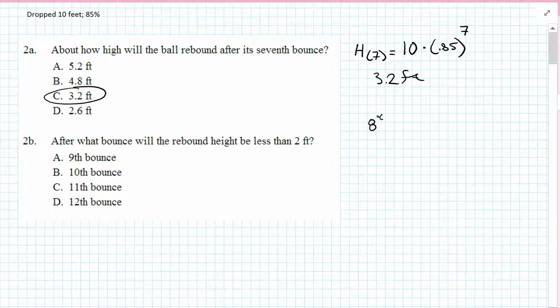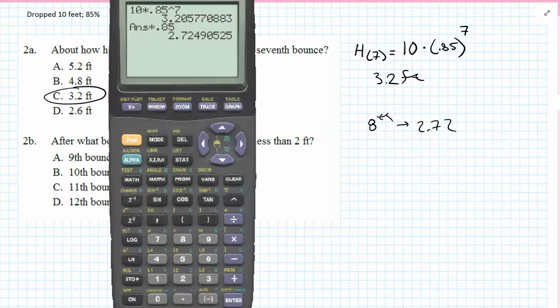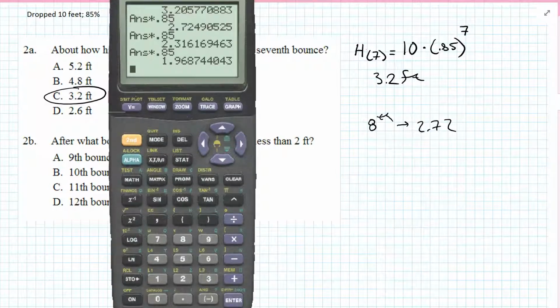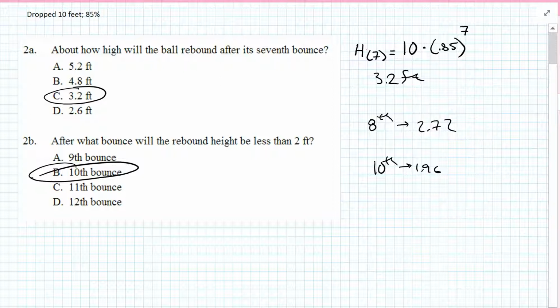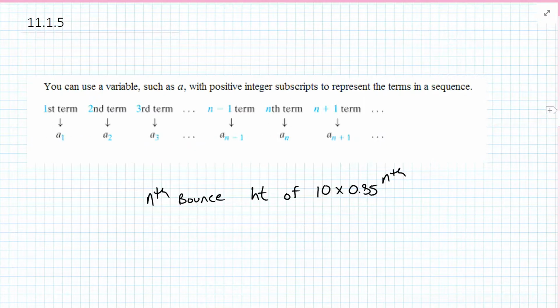If we times that by 0.85, that represents the 9th. That represents the 10th. So the 10th bounce, it'll be 1.96 feet. So after the 10th bounce, it will be rebounding less than 2 feet. Okay, hopefully that makes sense, kind of how we figured that out.